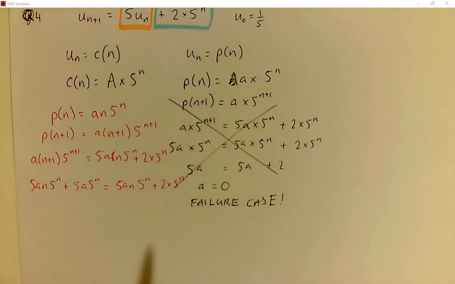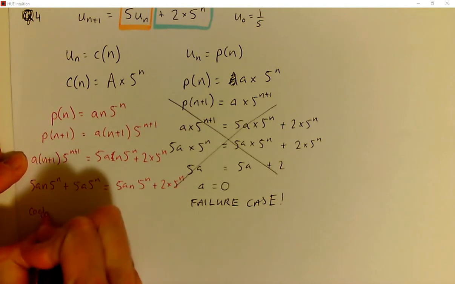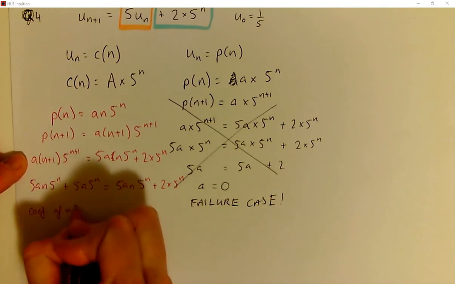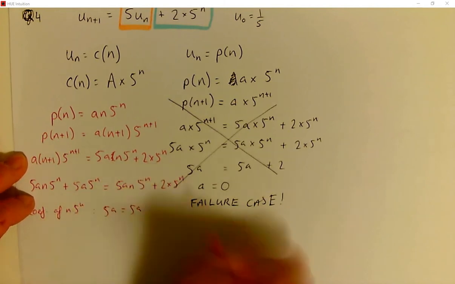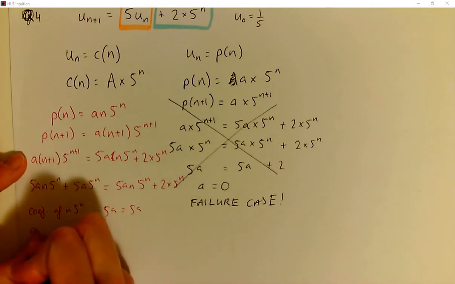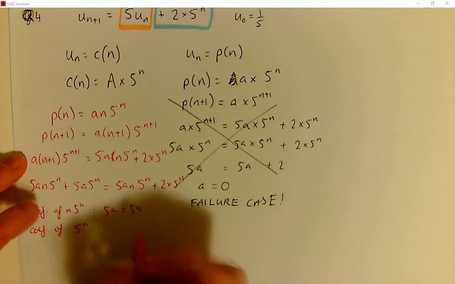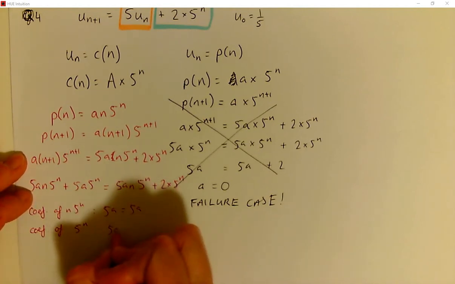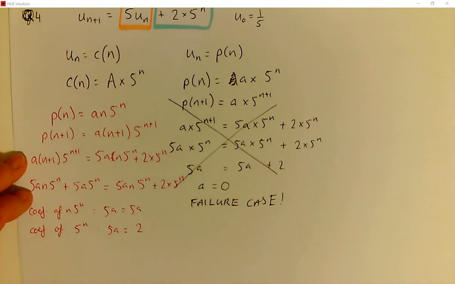So if we're comparing coefficients of n 5 to the n, then we're going to get 5a is equal to 5a. So again, that doesn't help us because a can be anything. But if instead we compare coefficients of 5 to the n, then we've got 5a is equal to 2. We've got something to work with there.